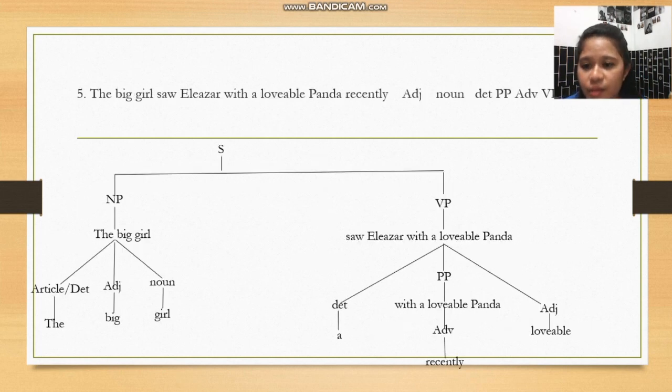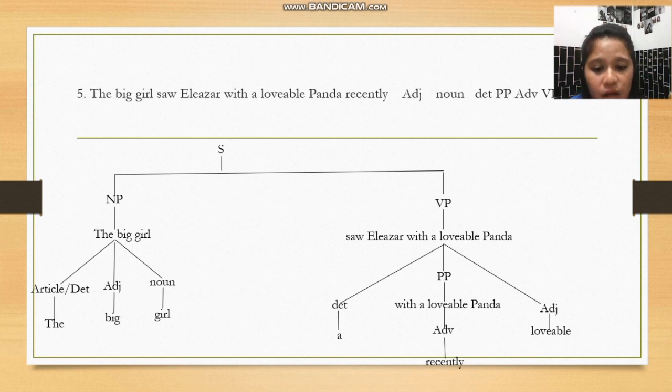Number five. The big girl saw Eleazar with a lovable panda recently. Subject, noun phrase: the big girl. Article: the. Adjective: big, noun: girl.